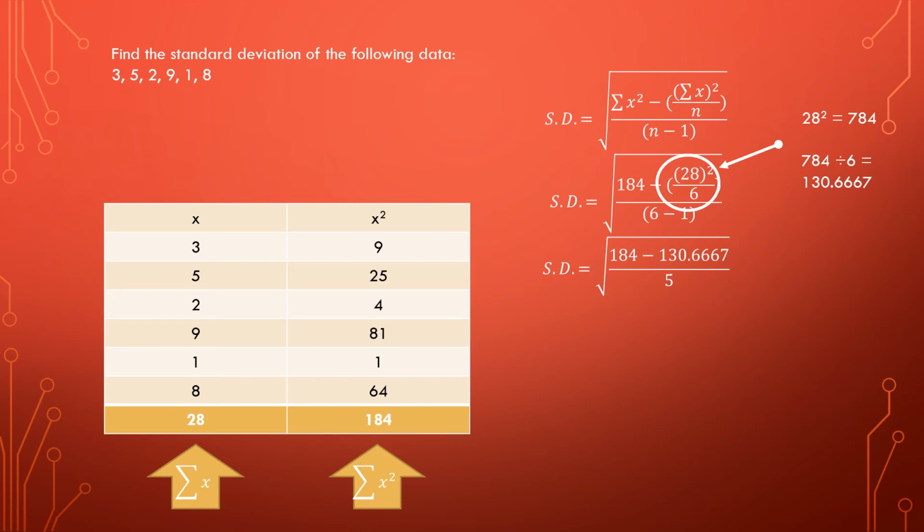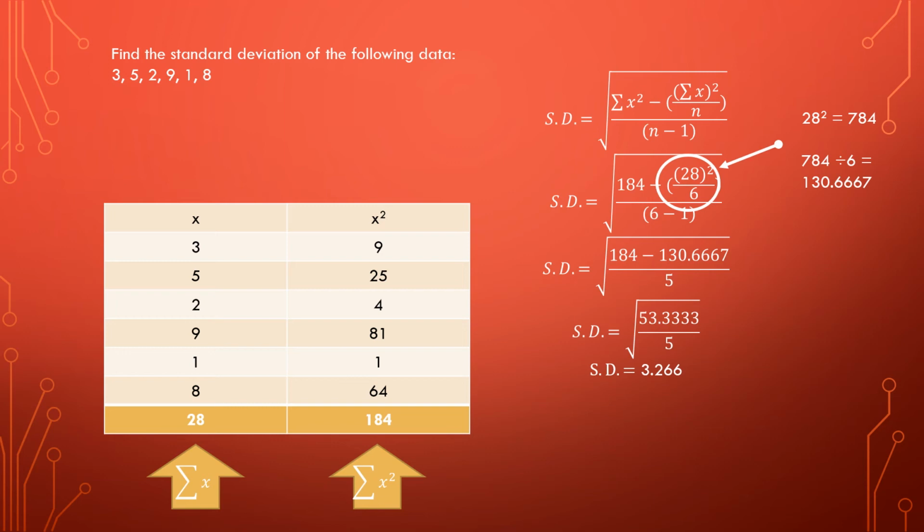Try and keep at least 3 or 4 decimal places, just so that you don't lose your accuracy within your working. I'm going to tidy it up a little bit more, so I'm going to do the subtraction on the top first. So 184 minus 130.6667 is going to give me 53.3333 divided by 5. Chucking that into my calculator, that gives me a standard deviation of 3.266.